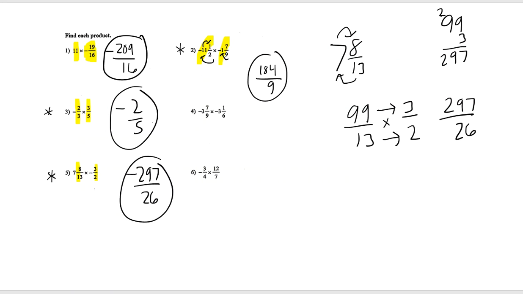Okay, so remember that the steps for multiplying fractions are, if there are any mixed numbers, you're going to change them to improper fractions.